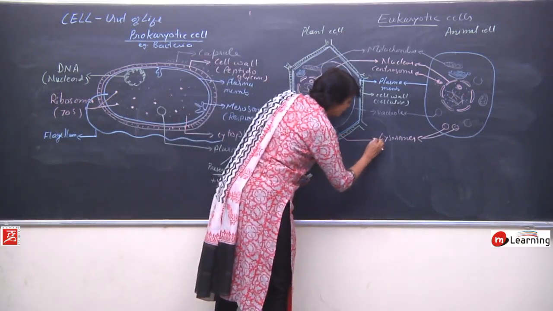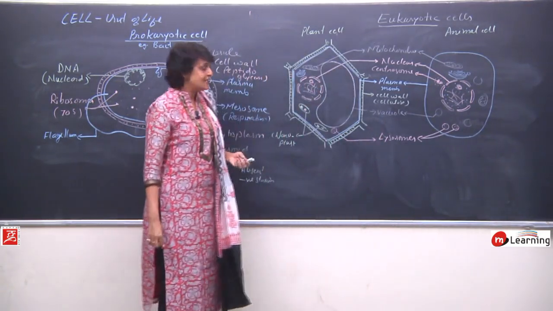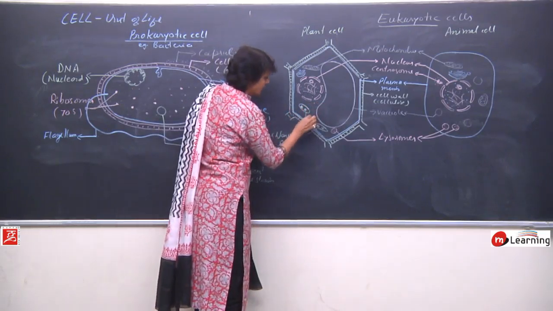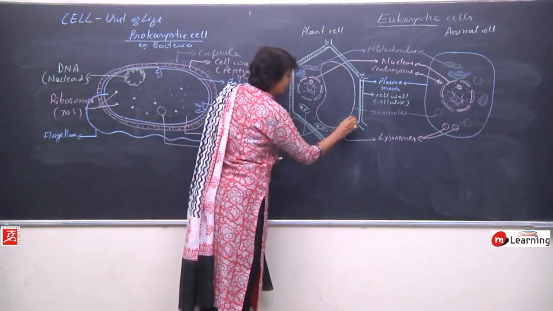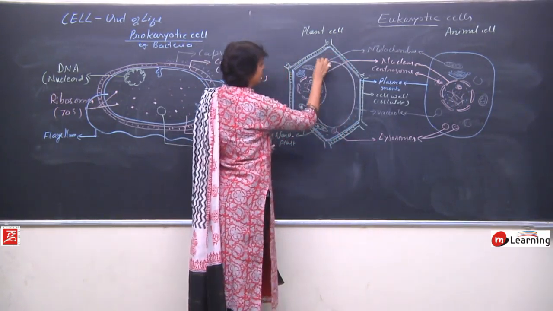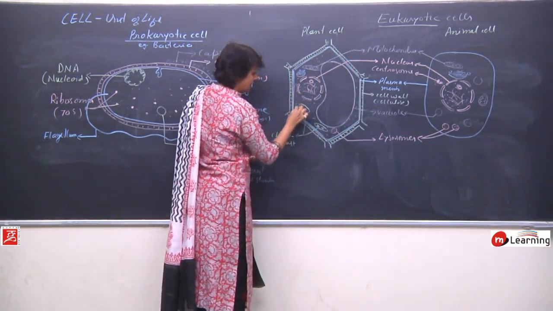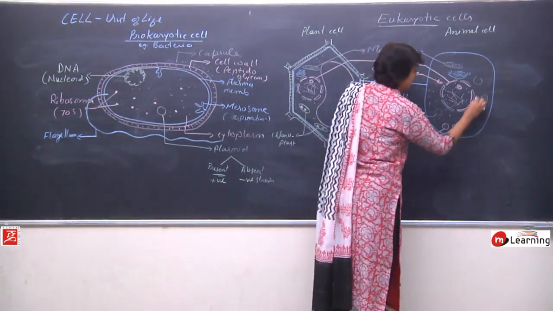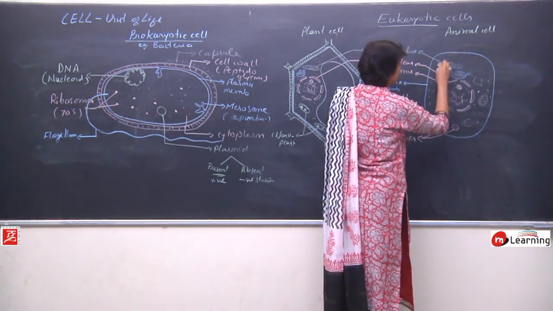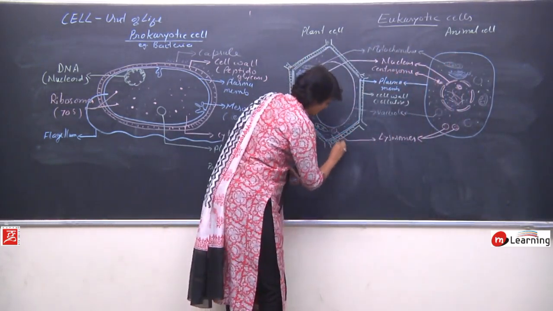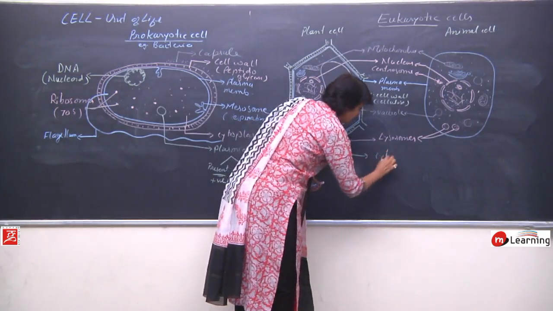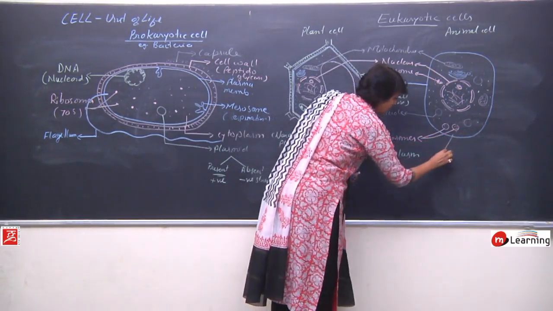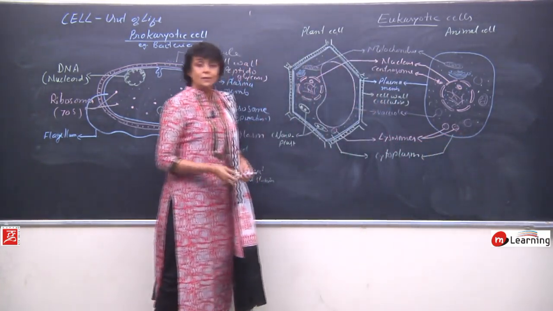So they do have lysosomes, though the number is less. Now the space here is filled with a fluid which is cytoplasm. In animal cells also, we have the space completely filled with cytoplasm. So this jelly-like substance is cytoplasm, present in both plant cells and animal cells.